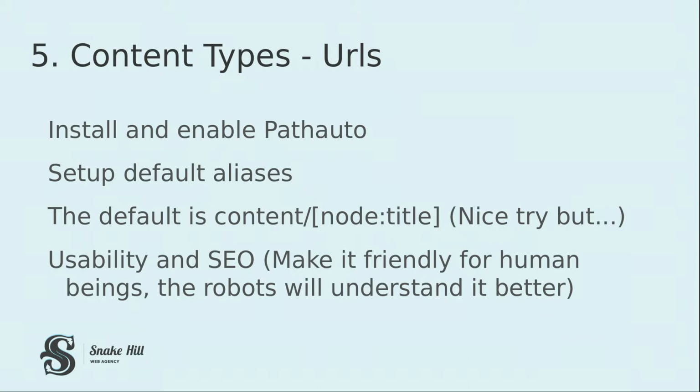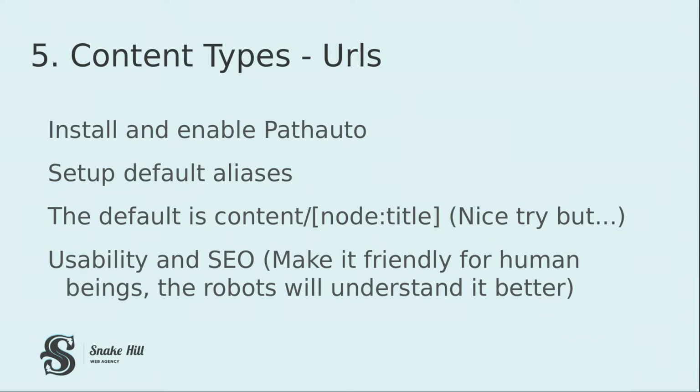It's great. So your default URL is content/node title, right? Yeah, we understand it's content. It's not very useful. It's a basic page, could be an article, could be a blog post. It's pretty useless.